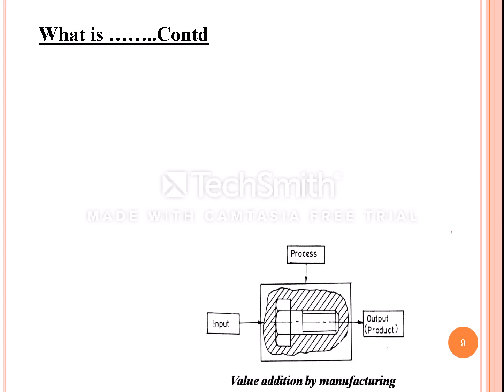So the value addition by manufacturing, for example, this is a bolt. We have inputs that could be an ingot or similar raw materials. Then we use them to produce this bolt. We have different manufacturing processes.